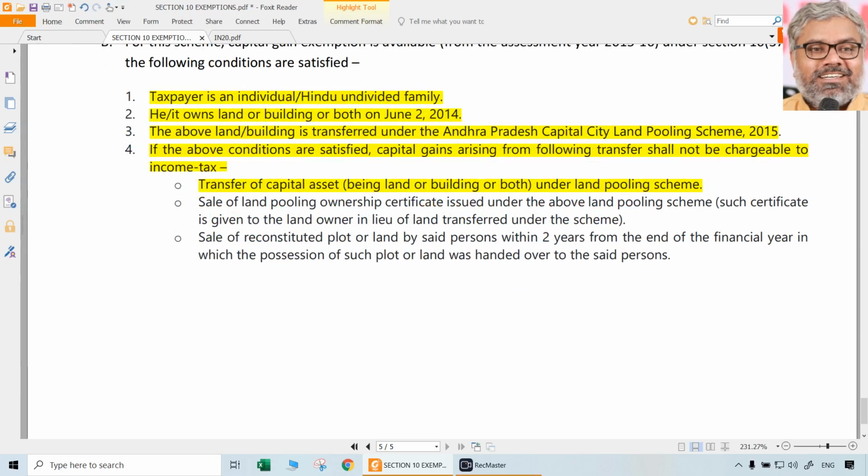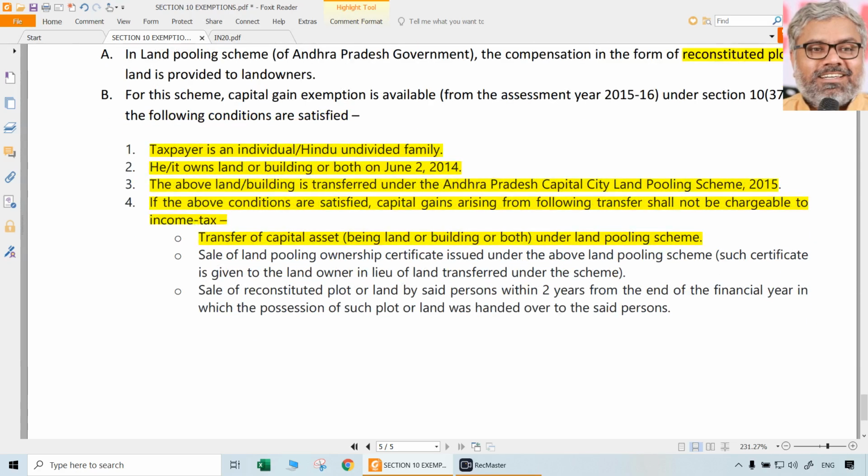Ultimately, they are happy, thinking that exemption is granted. Great celebrations happened. It's a different story. There is nothing to celebrate in this, because you are the one who gave up your land for nothing. And if somebody gives exemption on nothing, nothing of nothing is also zero. So actually you didn't get any benefit. Fine, exemption is there for the original transfer.